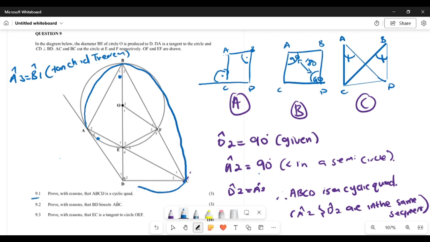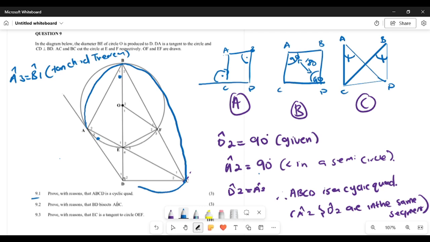Now, if that's the case, I want you to note something. So I have proved that A3 is equal to B1, and also if you look here, I have a butterfly, right? So let me just do this. Can you see that this angle here will be in the same segment as that angle there, right?